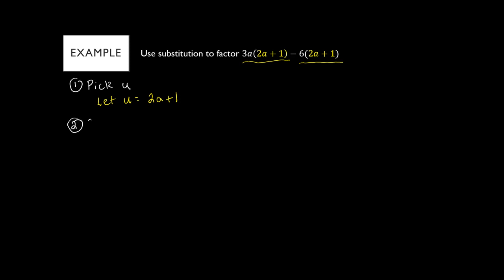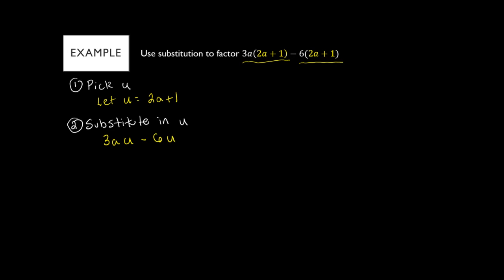And then we're going to do our substitution. Substitute in U. So everywhere that I see 2a plus 1, I'm now going to rewrite it with U. So this gives us 3a times U instead of the 2a plus 1, minus 6u.